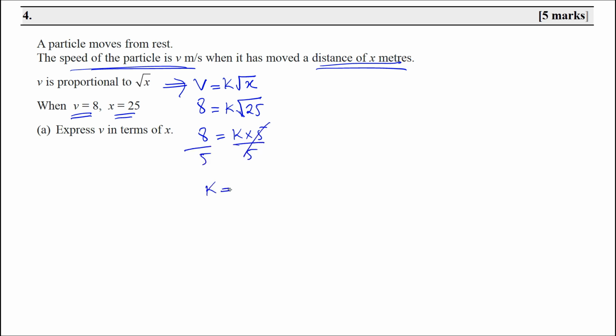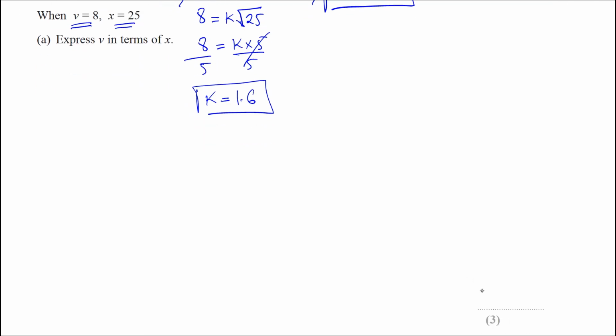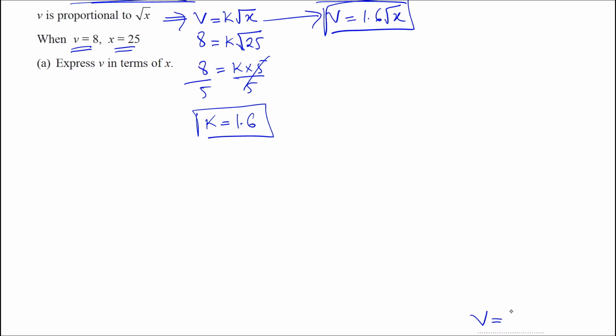So k will be equal to 1.6, which means that our equation will be v is equal to 1.6 square root of x.